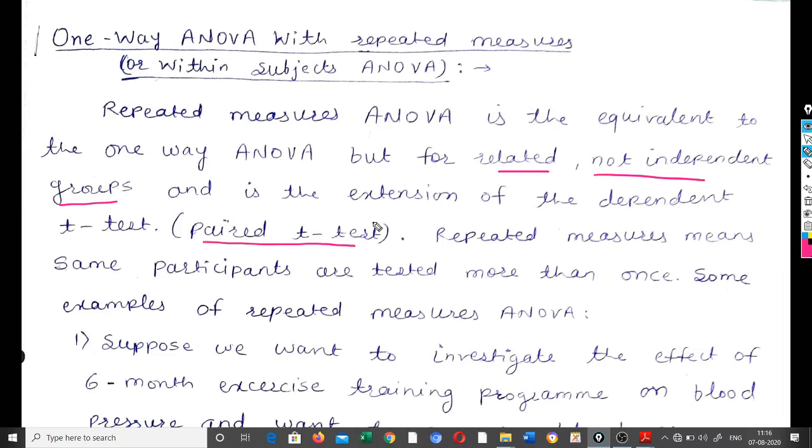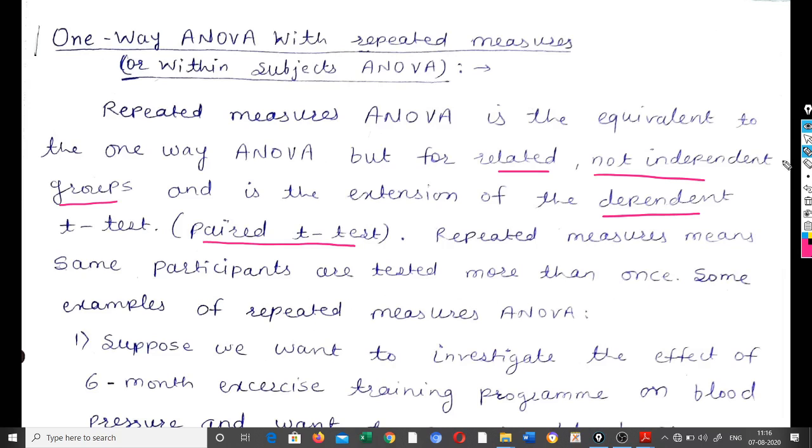So your one-way ANOVA is actually an extension of the independent sample t-test, and one-way ANOVA with repeated measures is actually an extension of your paired t-test, or we call it a dependent t-test. So repeated measures means some participants are tested more than once.